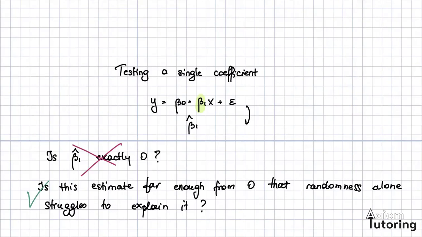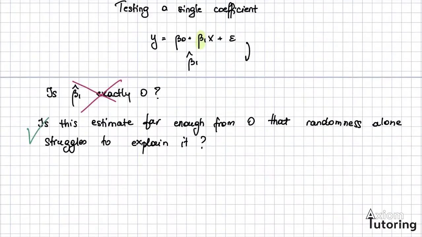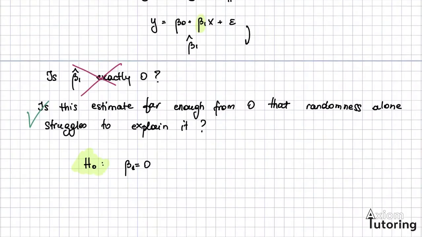That's the logic of the test. Now, to make this precise, we state two competing stories. For the null hypothesis, we have H null, H for hypothesis, 0 for null, and the way that we write it is that beta, in our case beta 1, is equal to 0. At the same time, we also have the competing story, the alternative hypothesis, which you will see in different materials written either as HA or as H1.